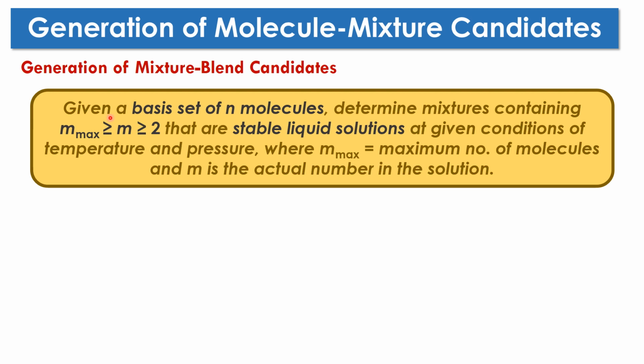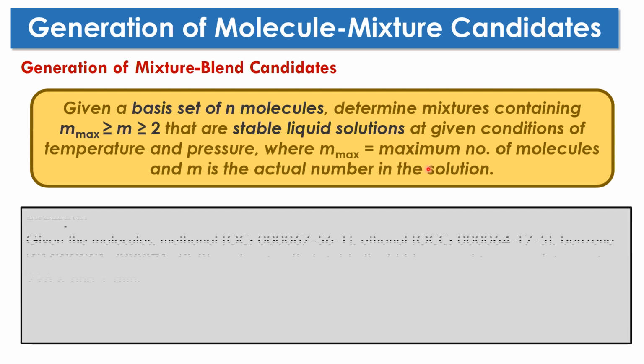Given a basis set of n molecules, determine mixtures containing m, where m max is more than or equal to m, which is more than or equal to 2, that are stable liquid solutions at a given temperature and pressure, whereby m max is the maximum number of molecules and m is the actual number of molecules in the solution. Okay, and then we have an example here.